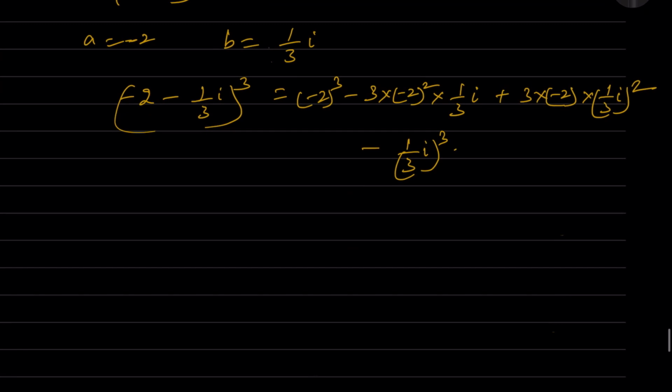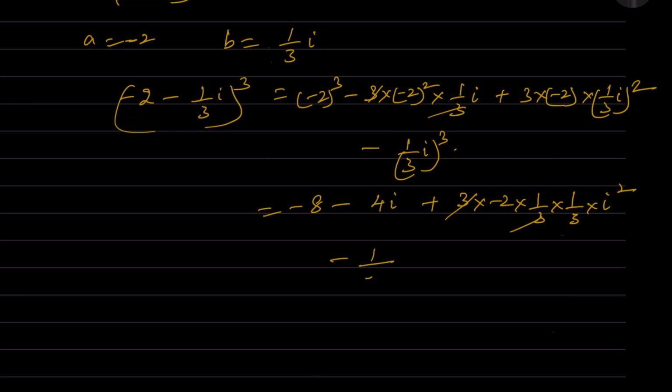So we are going to get minus 8 minus 3 fours are 12. Here 3 will get cancelled, so you can write here 4i, plus here you are going to get 3 into minus 2 into 1/3 into 1/3 into i square. So here one 3 will get cancelled and here minus 1/27 i cubed.